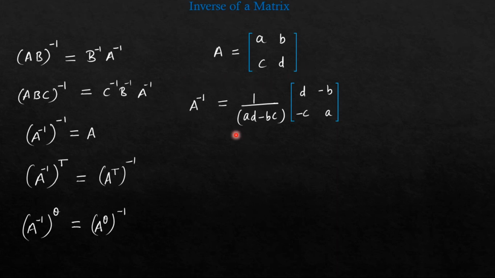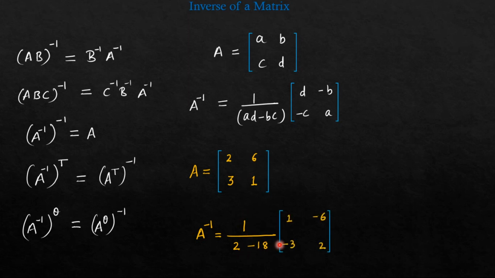It is very simple. Let me take an example. Suppose we have been given a matrix whose elements are 2, 6, 3, 1. Now I need to find the inverse. So use this formula. A inverse is equal to 1 upon (2 into 1 minus 6 into 3), so 1 upon (2 minus 18), into: interchange the diagonal elements. 1 will come this side, 2 there.